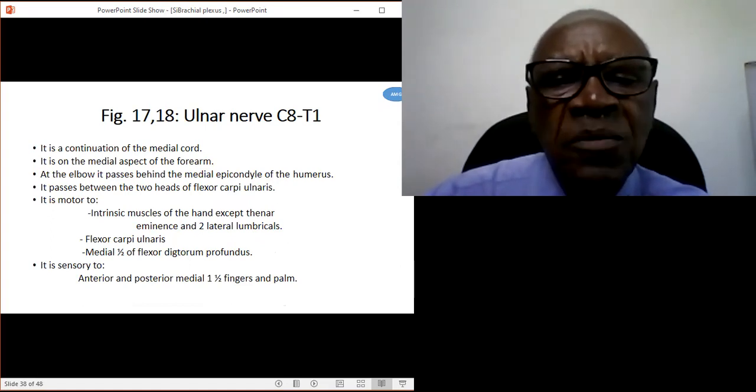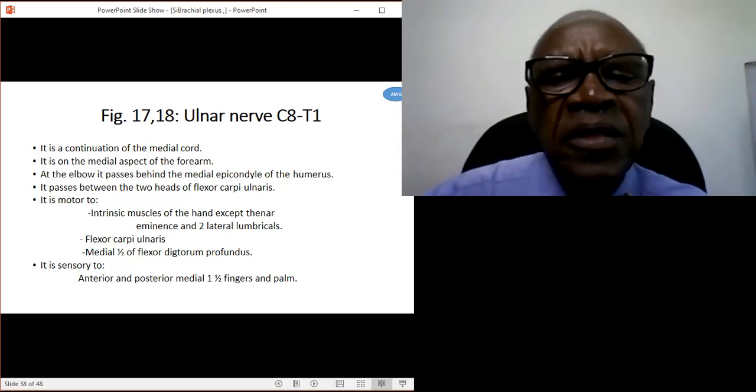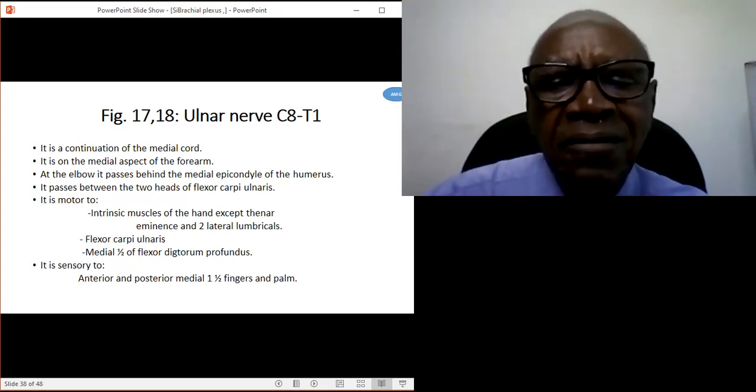It is motor to intrinsic muscles of the hand, except thenar eminence and two lateral lumbricals. It is motor to the flexor carpi ulnaris. It is motor to the medial half of flexor digitorum profundus.